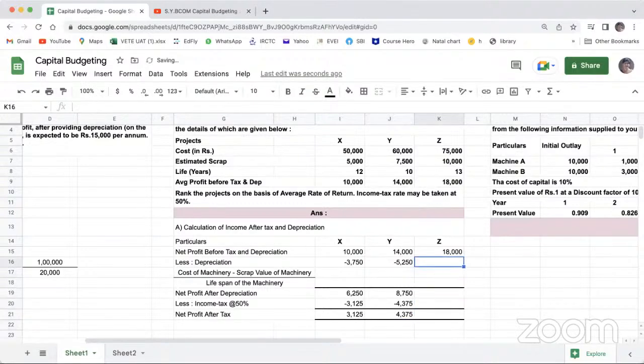Now next. For machinery Z. Now I will not tell what is cost, what is the scrap value. You yourself will decide and you will tell me what it is. Tell me. Z का कितना आएगा depreciation? What will be the depreciation for machinery Z?